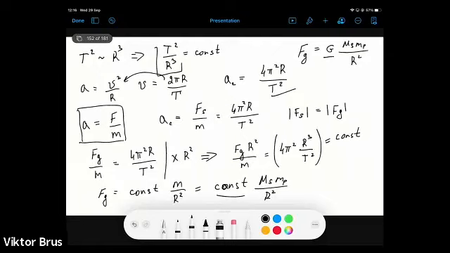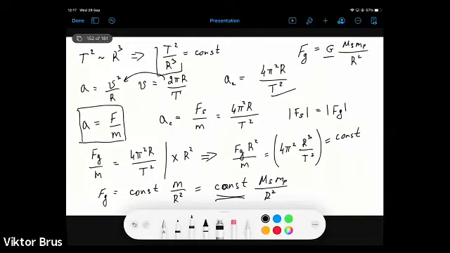Later, British scientist Henry Cavendish, it was like 1798, determined it experimentally in his famous experiment with two suspended masses, calculating the torque caused by gravitational interaction. He calculated the value of this constant with quite decent accuracy.